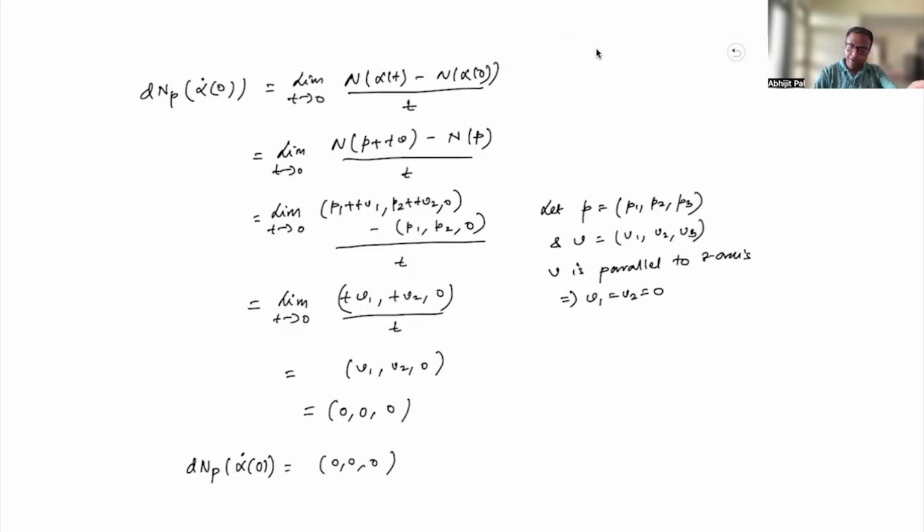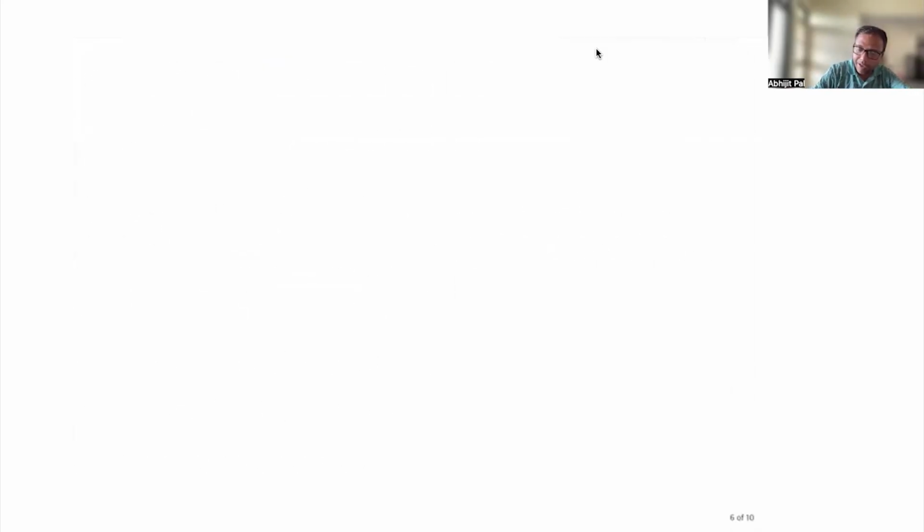Okay. So this is about the vector B parallel to z-axis. Now let us take a vector which is parallel to the xy plane. So next case, let us take this vector B to be parallel to the xy plane.